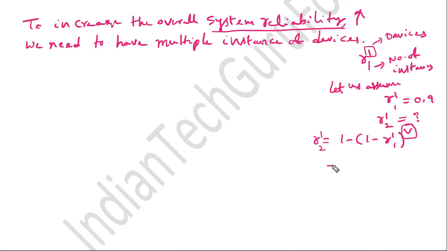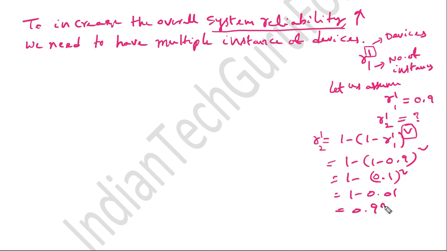Substituting the value, that is 1 minus (1 minus 0.9) whole square, which is 1 minus 0.1 whole square, which is 1 minus 0.01, which is 0.99. So with two instances of device 1, the reliability will be 0.99.